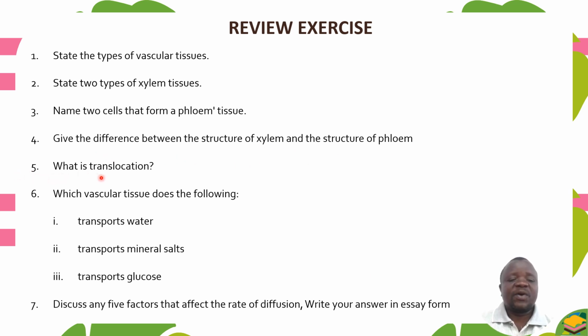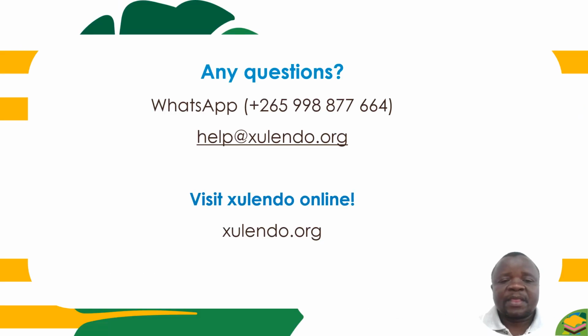Number 5, you have to define what is translocation. Number 6, state which vascular tissue does the following functions: 1, transports water; 2, transports mineral salts; 3, transports glucose. Number 7, we have to discuss any 5 factors that affect the rate of diffusion. We have to write our responses in essay form.